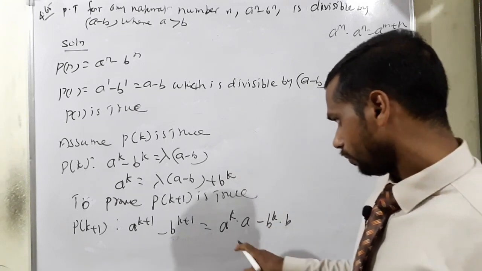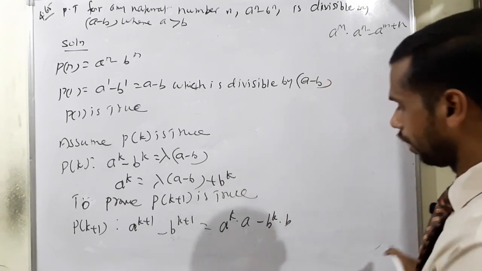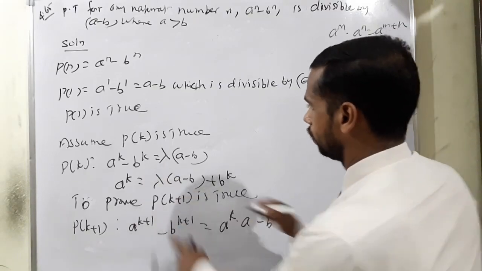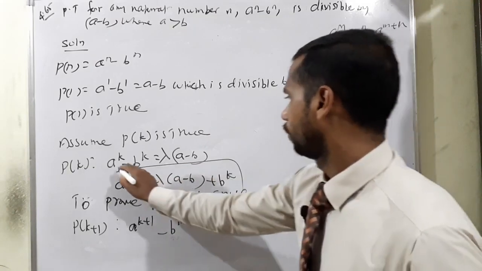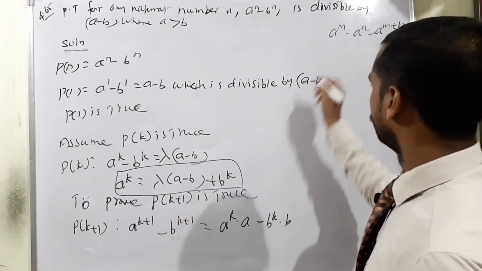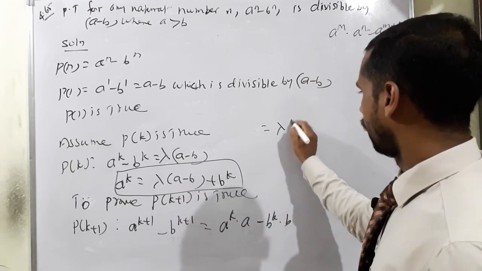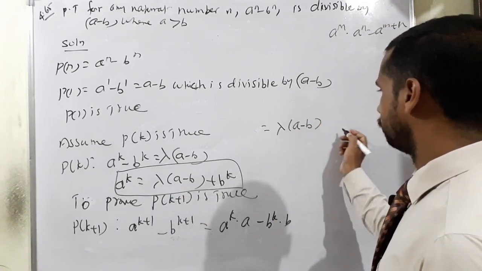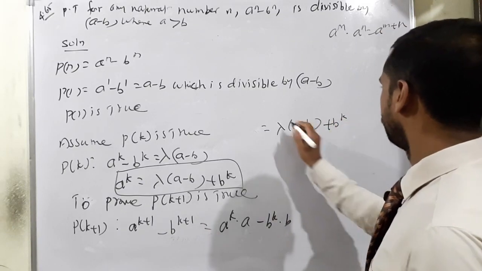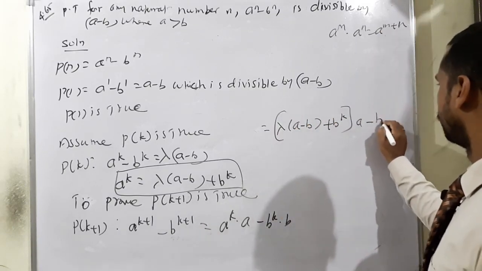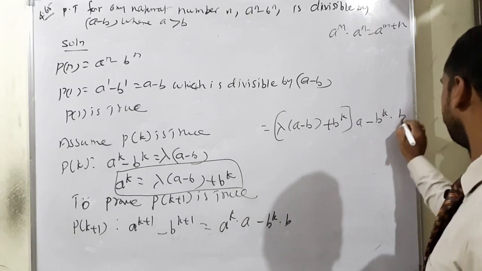Therefore, what we have to do? Instead of a to the power k, we can write now. This is the term called a to the power k is equal to lambda into a minus b plus b power k into a, then minus b power k into b.